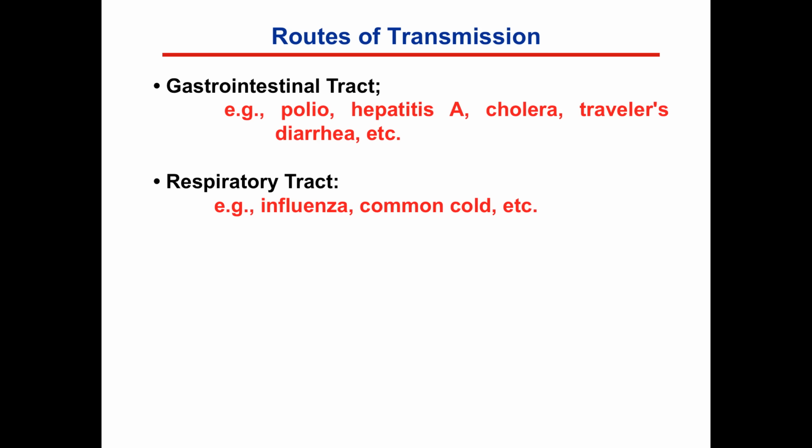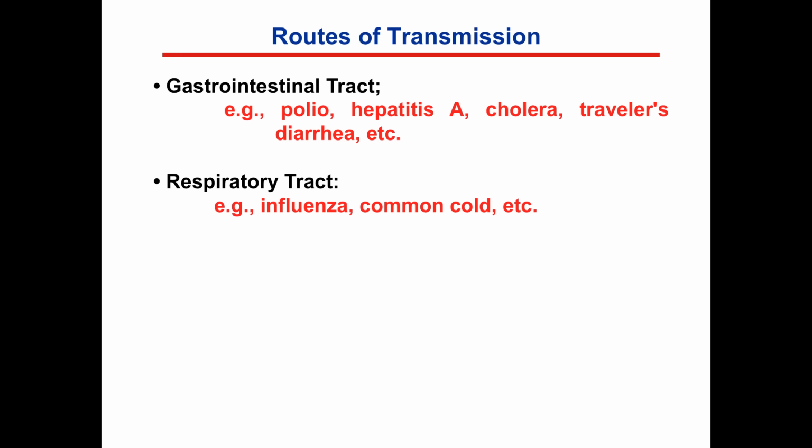The respiratory tract is, for example, influenza or common cold, which are particles that get nebulized, and again you breathe them in. So when the person who sits behind you or around you at your desk or walks by you blows his or her nose, they release a lot of particles in the air which you can take in. In some cases in Asia, particularly in China, when I was in China, you'll see people walking around in masks.